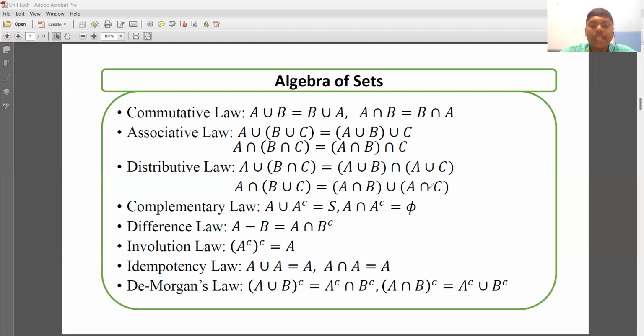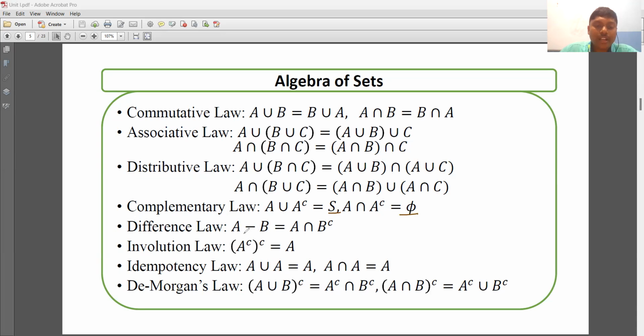So A intersection A complement is going to be the null set phi. So it's very clear that the union of the set and its complement gives the universal set S, and the intersection gives the null set phi.